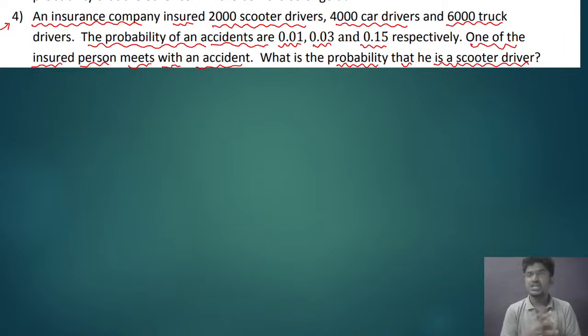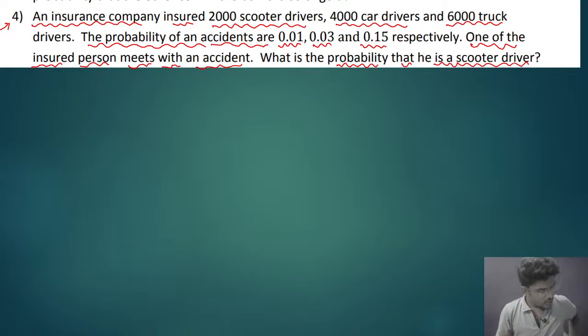The probability of a truck driver getting an accident is 0.15. Now we have to calculate: one event has already happened, that is the accident has occurred. Now the accident which has occurred being for a scooter driver, that we have to calculate.